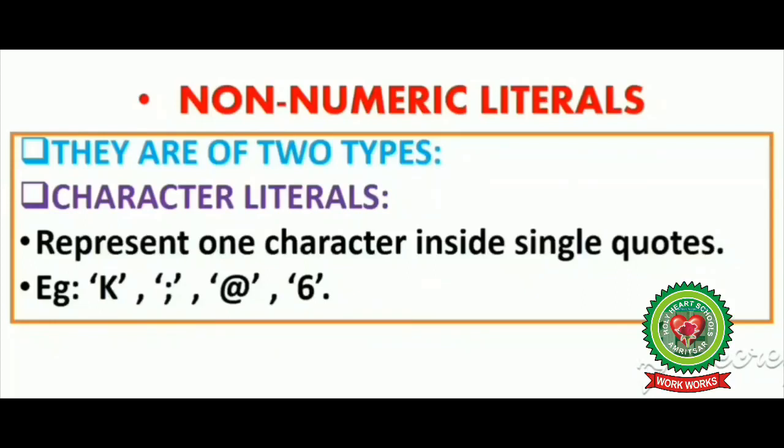They represent one character inside single quotes, meaning any single character, from A to Z. It can be a digit or a special character also, but there is only one character in single quotes. For example, K in single quotes, comma, semicolon in single quotes, @ in single quotes, 6 in single quotes. Any one character in single quotes comes in the category of character literals.